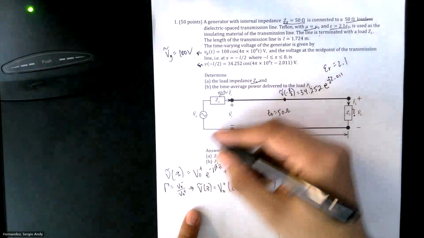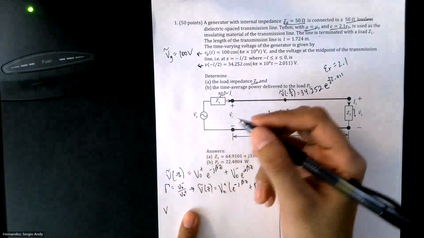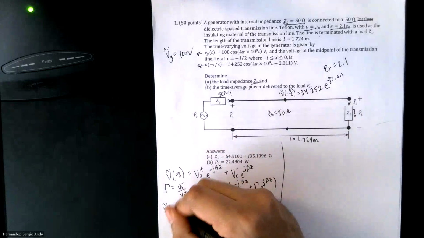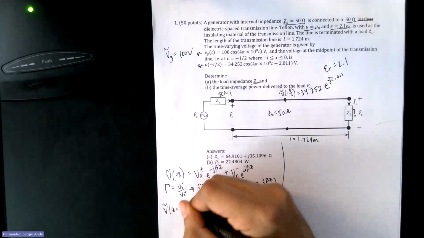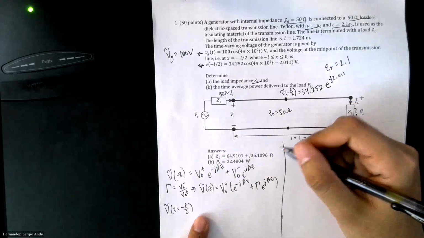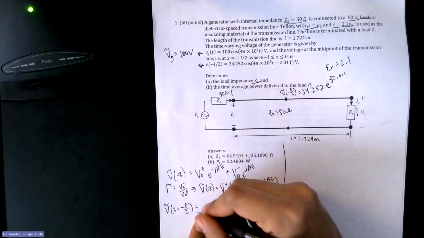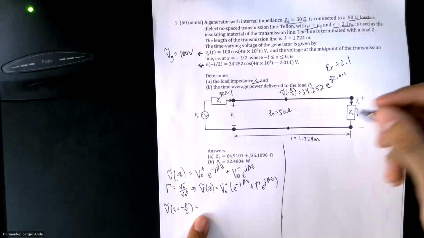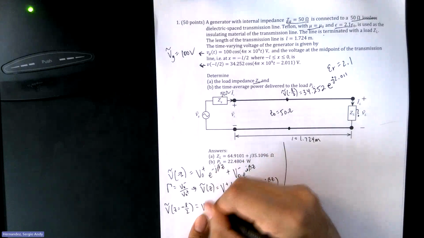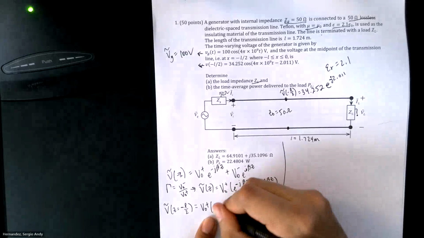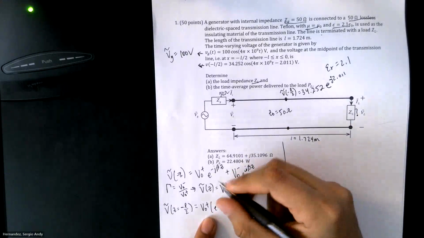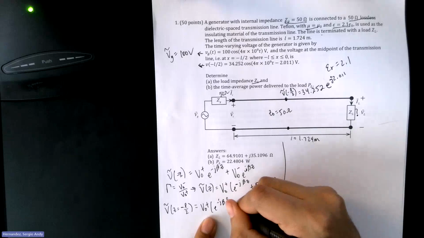So what this is saying is that z equals negative L over 2, which is equal to V naught plus e to the negative j beta negative L over 2.